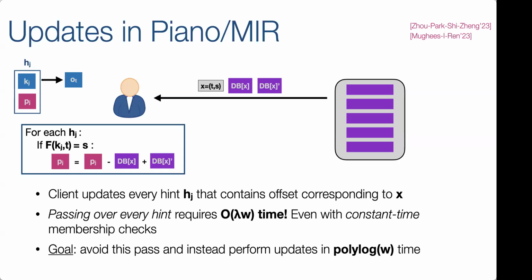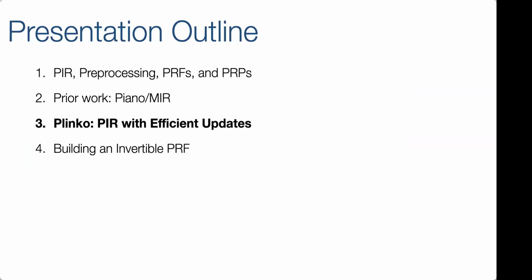If it is, then I subtract off the old value and add on the new value. And at the end of this loop through all the hints, my hints are still going to be consistent with the database. Unfortunately, this requires O(W) time, because remember the client is storing lambda W hints. And our goal is going to be to avoid this pass over all of the hints and get it down to polylog. So I'll talk about how we do that in the next section.